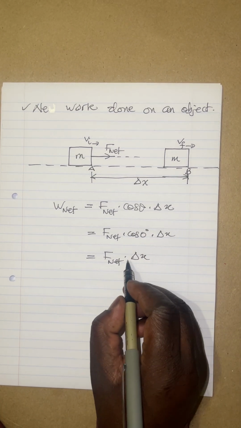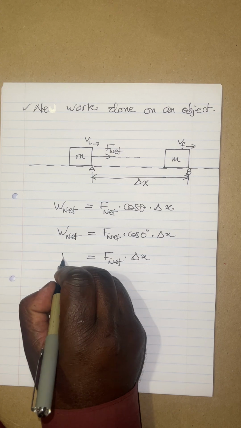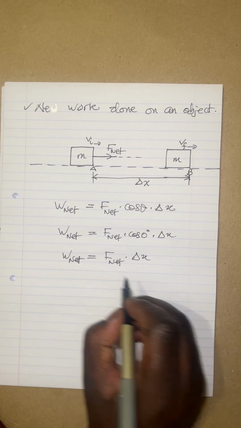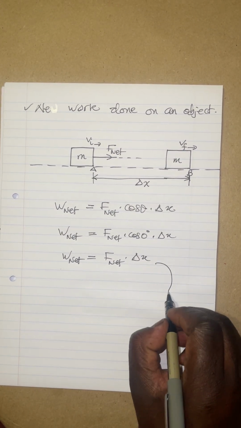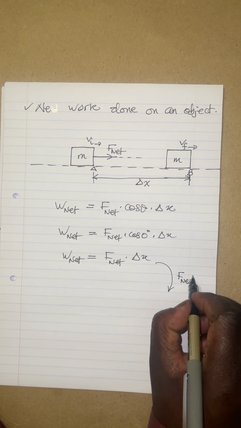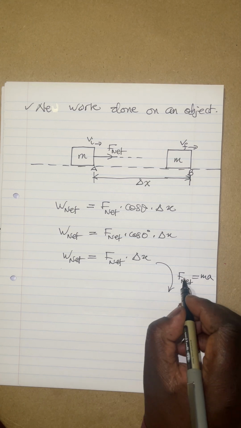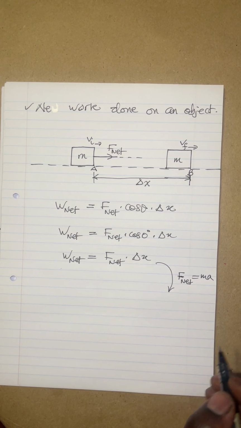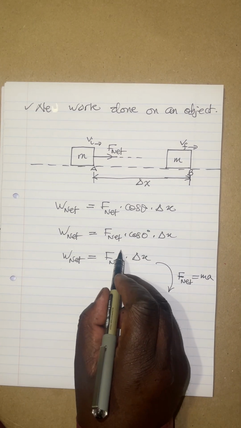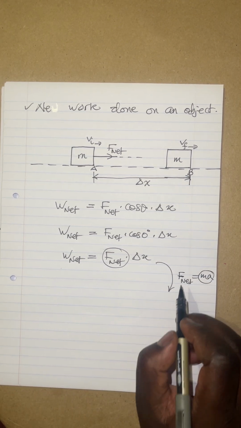Now, I want to remind you something. Let me write this one, W net. I want to remind you that F net is actually equal to mass times acceleration. That's Newton's second law. F net equals mass times acceleration, and therefore in place of net force, I can put ma.